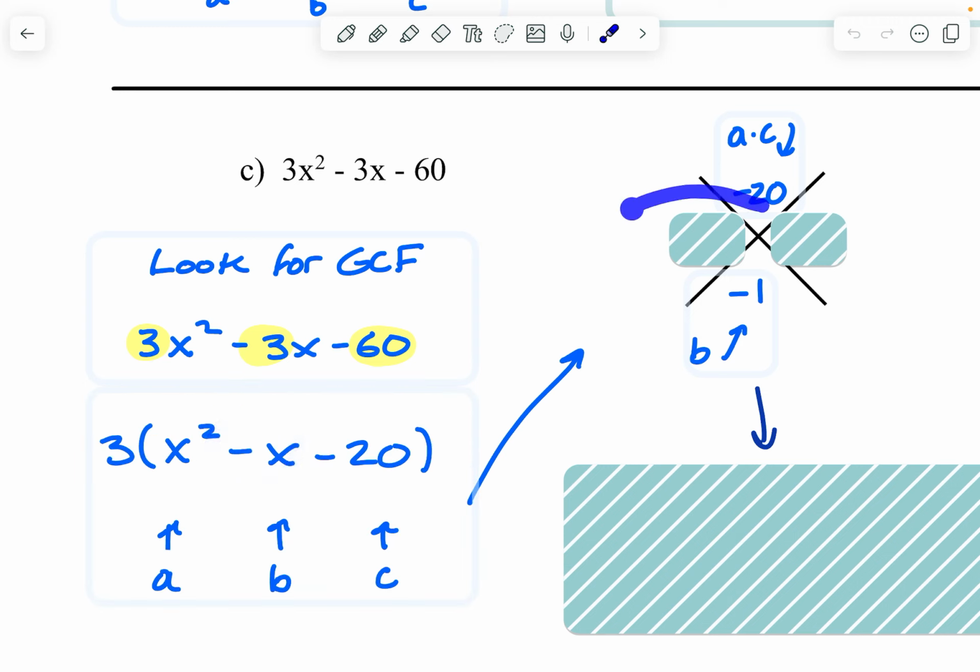Now we're looking for two numbers that are going to multiply to negative 20 and add to negative 1. I understand that this one might be a bit tougher. You can list out all the factors of negative 20 if you want and see if that would help. 4 and negative 5.